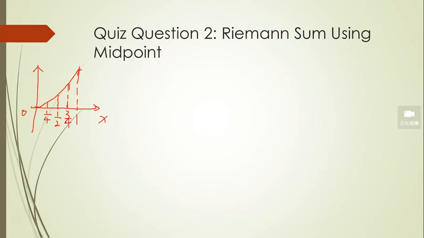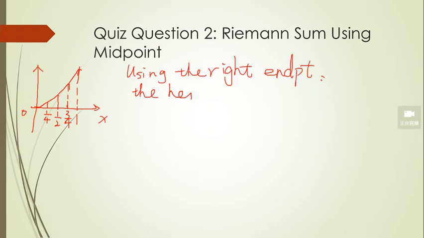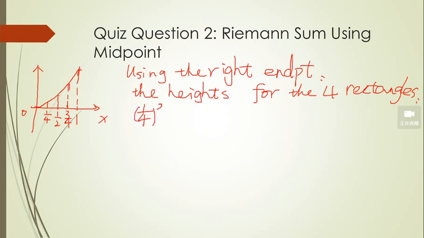The second rectangle's height will be 1/2 squared, 3/4 squared, 1 squared. So using the right endpoint, the height for the 4 rectangles, we're just comparing the right endpoint and the midpoint, will be 1/4 squared, the first one, and then 1/2 squared, and then 3/4 squared. The last one should be 1 squared, which is 1, right?